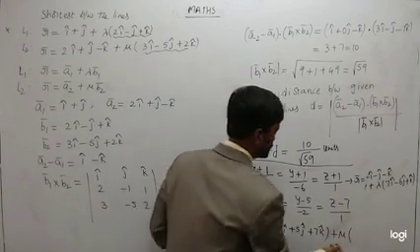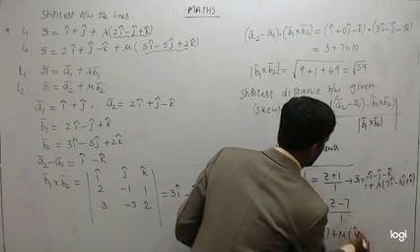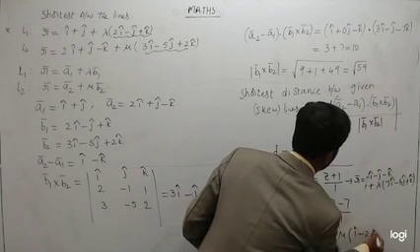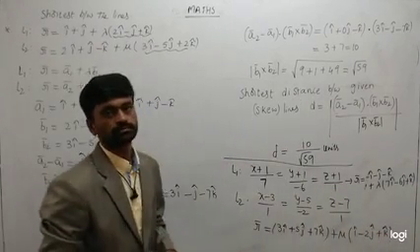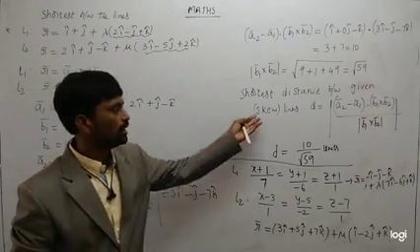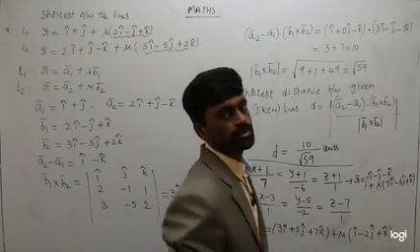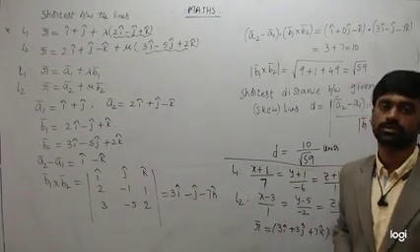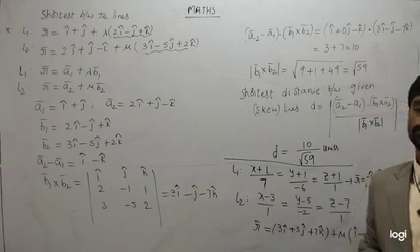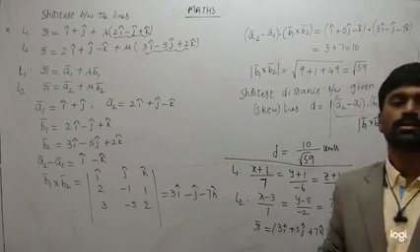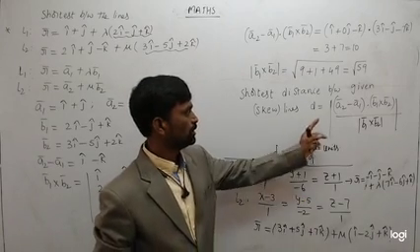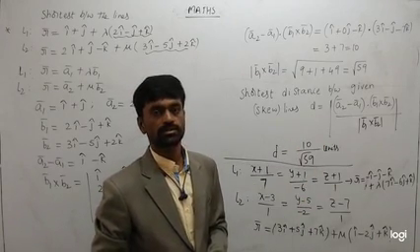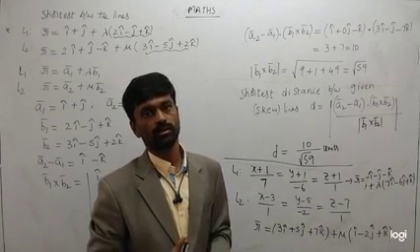So that means it is parallel to the vector 1 into I cap minus 2 into j cap plus 1 into k cap. Then use the above formula to get the distance between the given two skew lines. Okay. So my suggestion is better you convert it into vector form and use this formula to get the shortest distance between given skew lines.